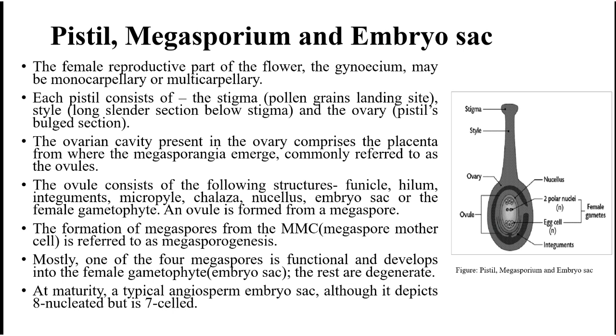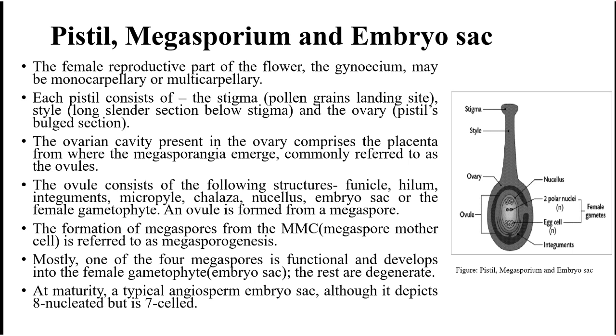There may be one carpel in a single flower, called monocarpellary, or many carpels present in a single flower, called multicarpellary. Sometimes the number is 2, called bicarpellary. Sometimes it is tricarpellary, having 3 carpels. Above 3 carpels is called the multicarpellary condition.